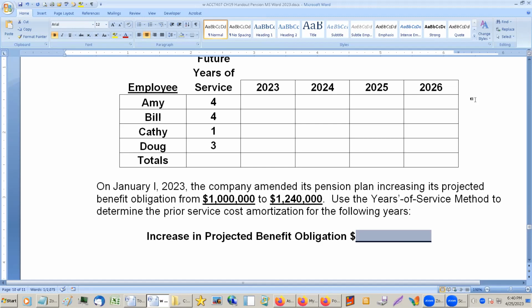You don't want to say it out loud. You ask how much it increased by? Yeah, 240,000. Yep. So this will be our increase. This will be our prior service cost. So we subtract those.